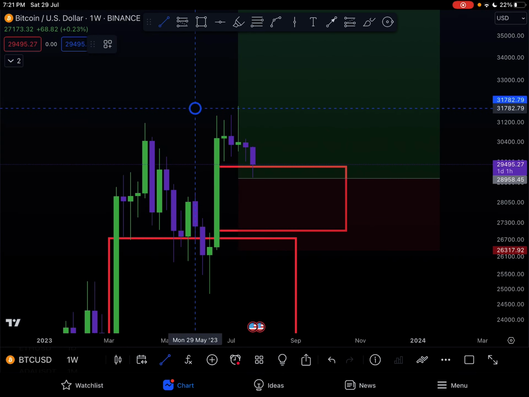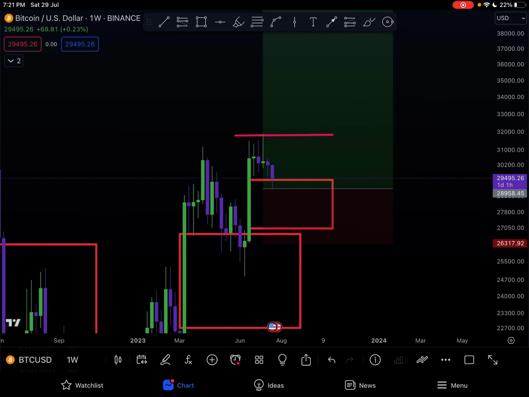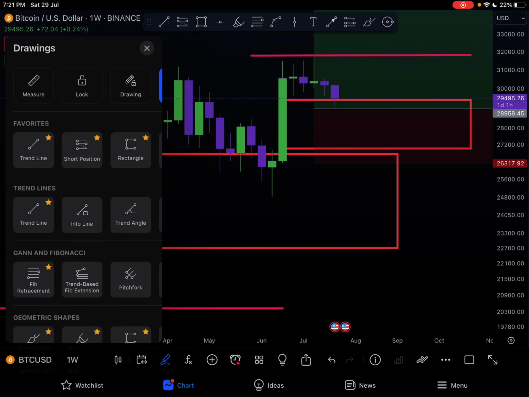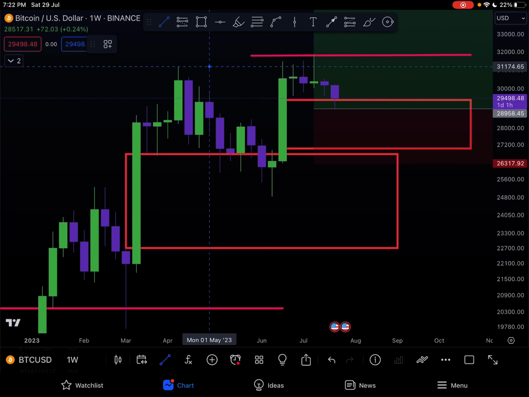What do you think price is going to do from here? What do you think? Buy side liquidity was formed right here. This is a whole trade setup in itself. It's telling you directional bias. It's actually giving you a target.